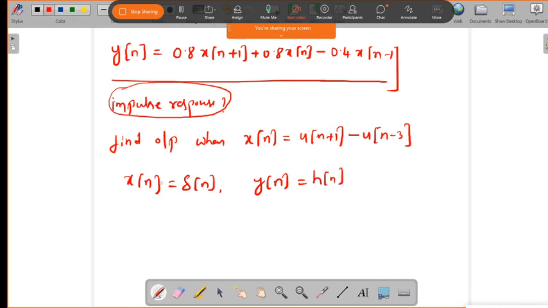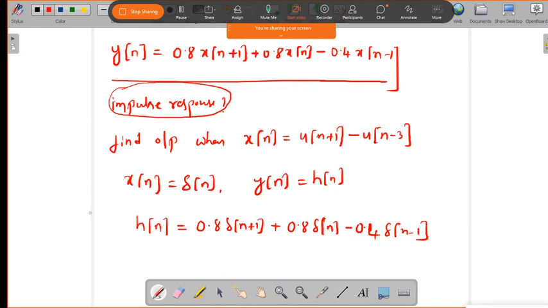Okay. So, if I put x of n as del of n, what is h of n? h of n will be equal to 0.8 into del of n plus 1, plus 0.8 into del of n, minus 0.4 into del of n minus 1. Okay.